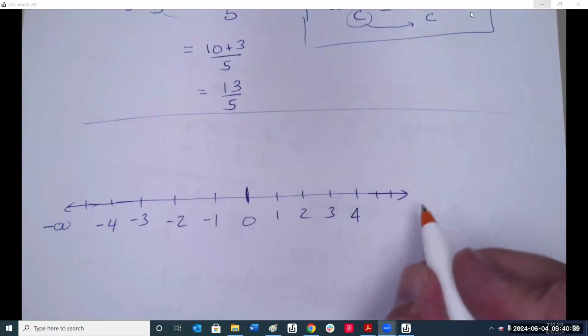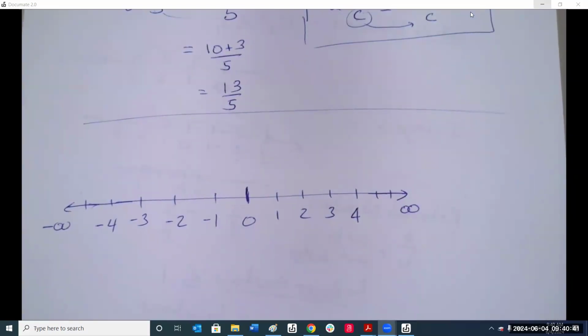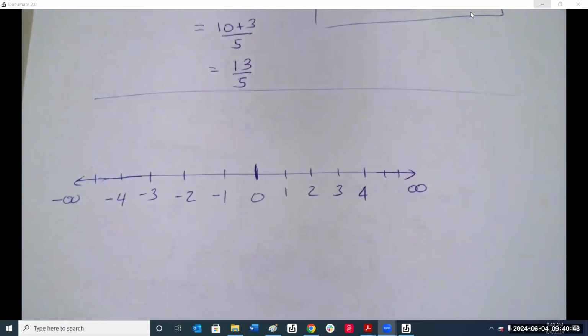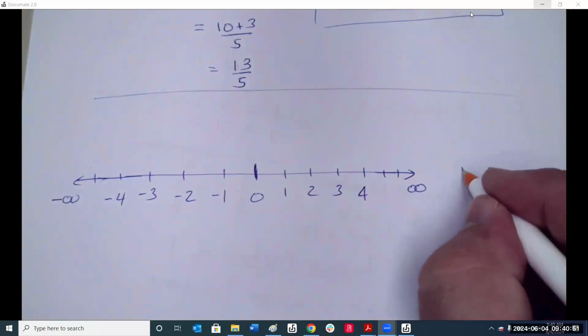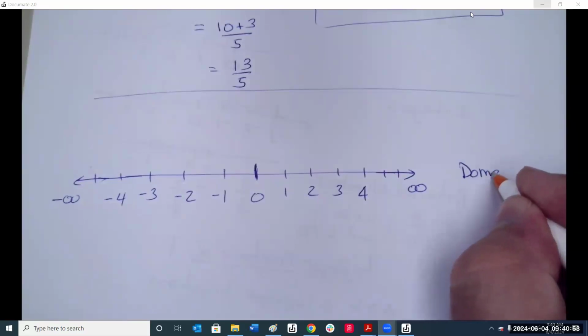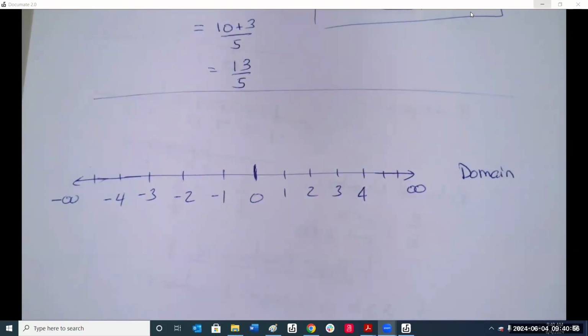To negative infinity, to positive infinity. The horizontal line we call the domain.